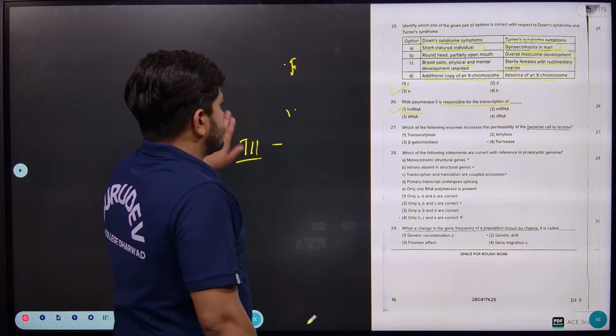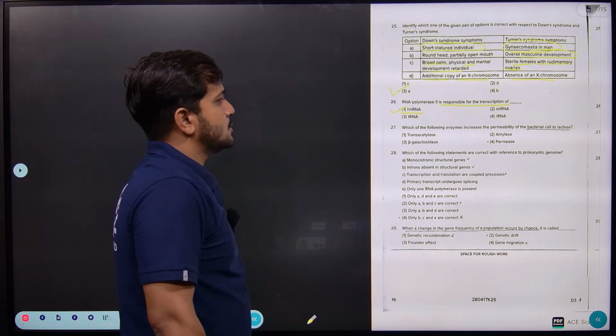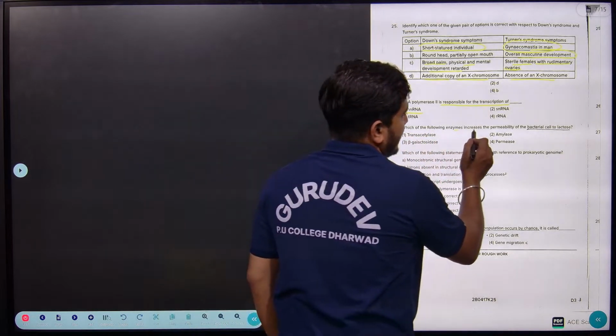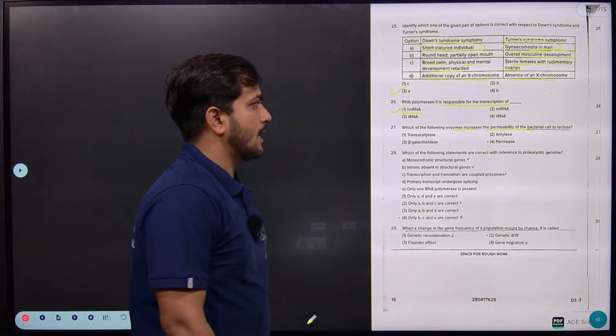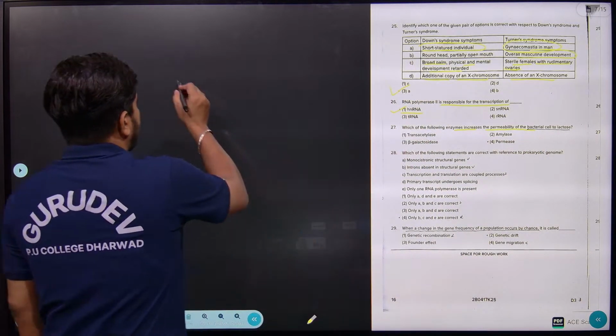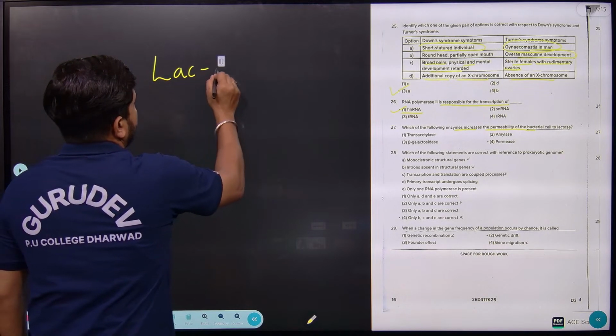Then next, 27th question, which of the following enzymes increases the permeability of bacterial cells to lactose. This question is related to the lac operon concept.